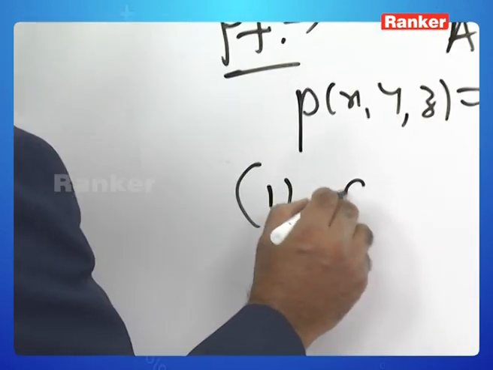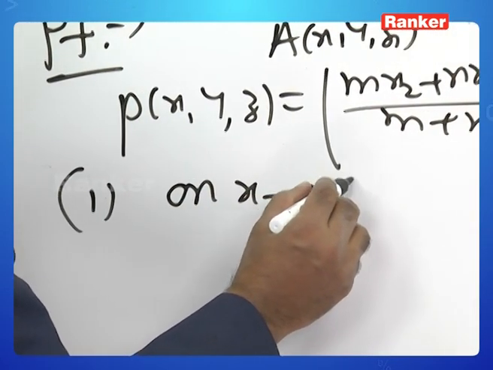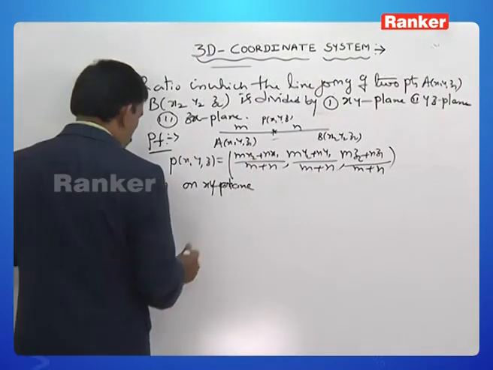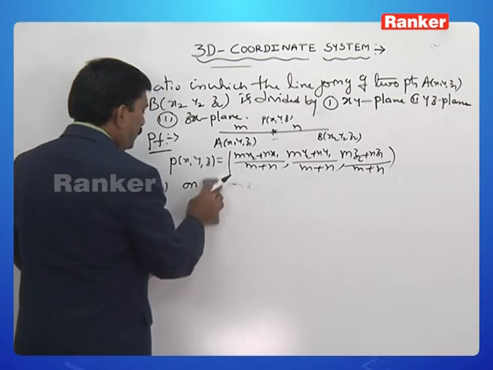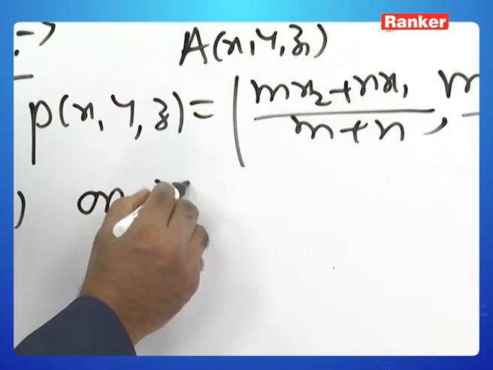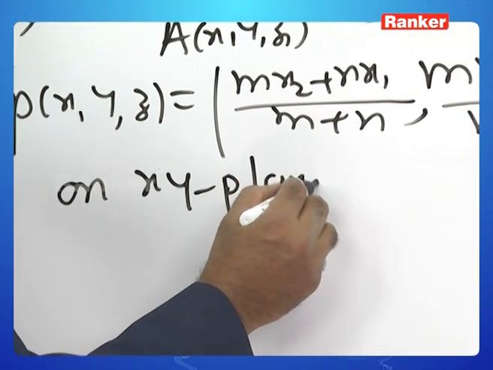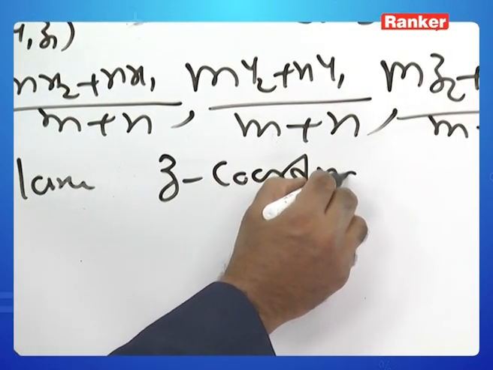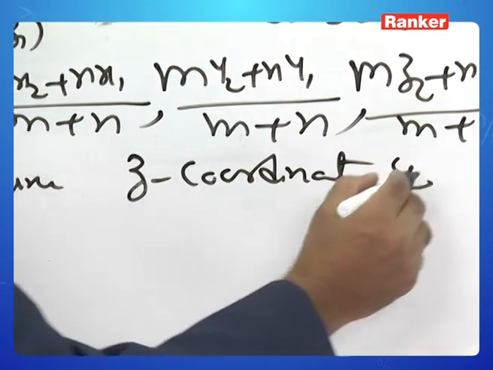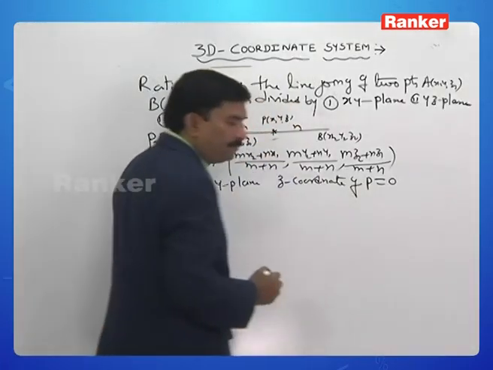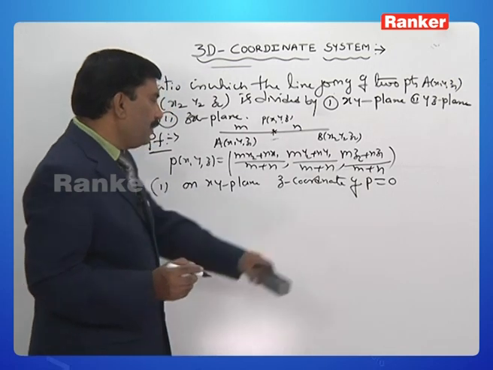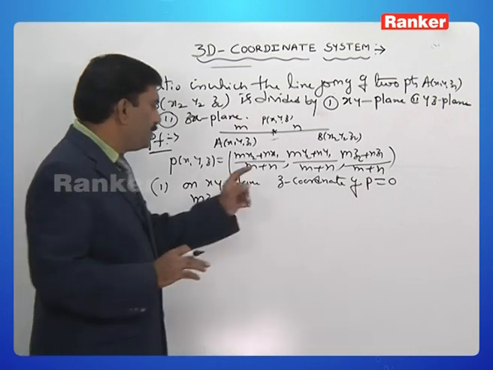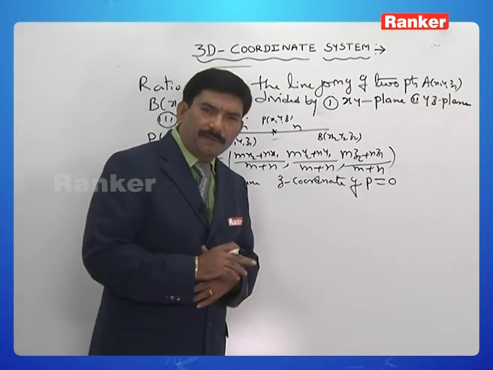What I do is, on the xy plane, the z coordinate of P is equal to 0. Which is the z coordinate of P? On the xy plane, the z coordinate of P is equal to 0, right?